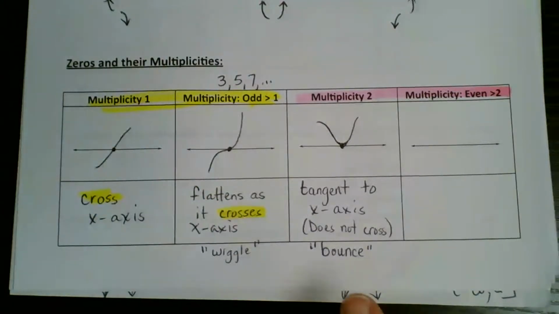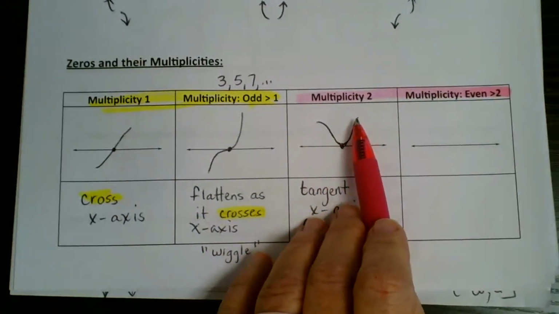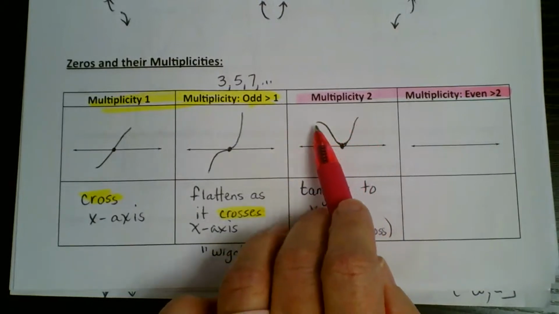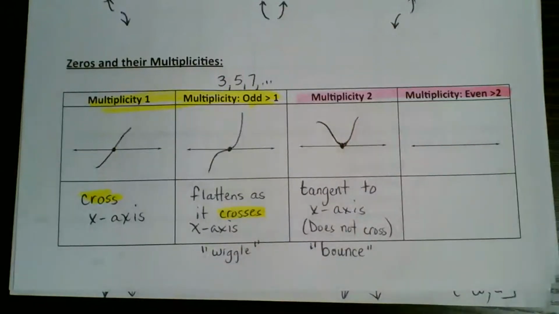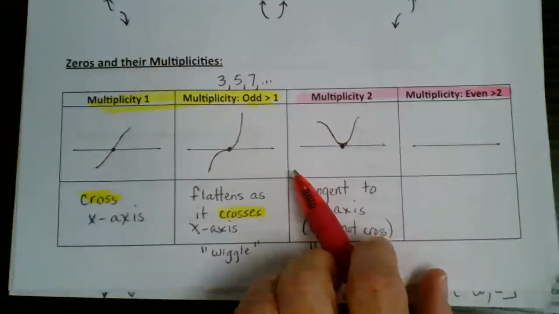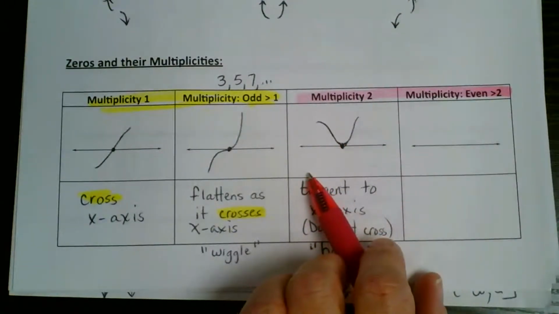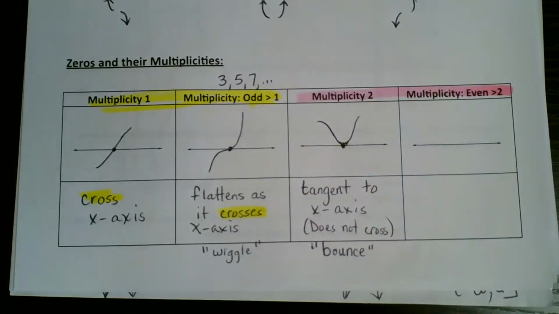If you have a multiplicity of 2, you will see the graph either come down from above and bounce right off the x-axis and head back the direction it came. Or if the graph is below and needs to approach that zero, it can come from below and bounce off. Nickname is a bounce.